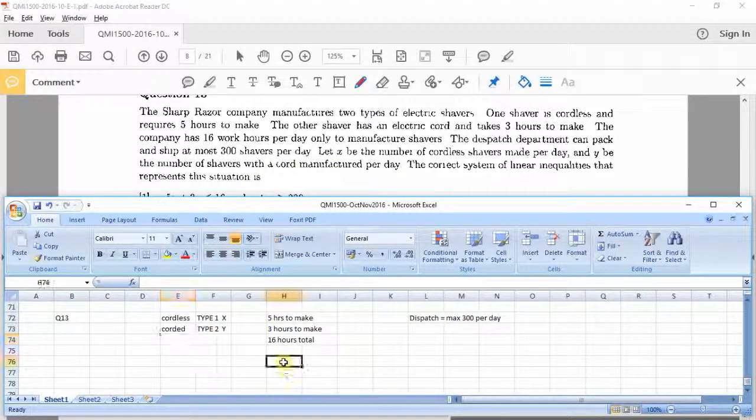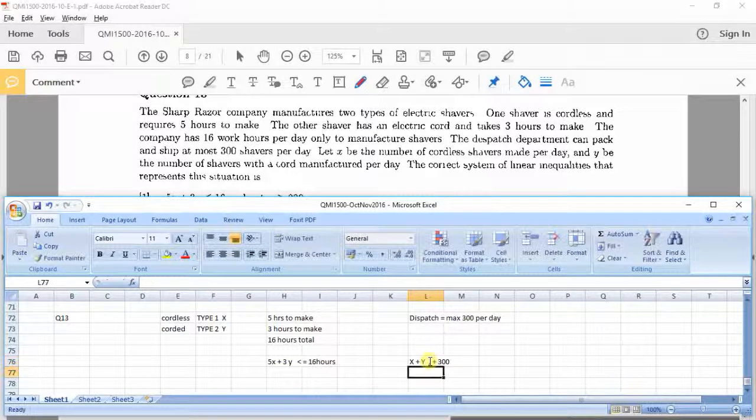So this would be 5x plus 3y must be less than or equal to 16 hours. In terms of dispatch, x plus y must be less than or equal to 300.